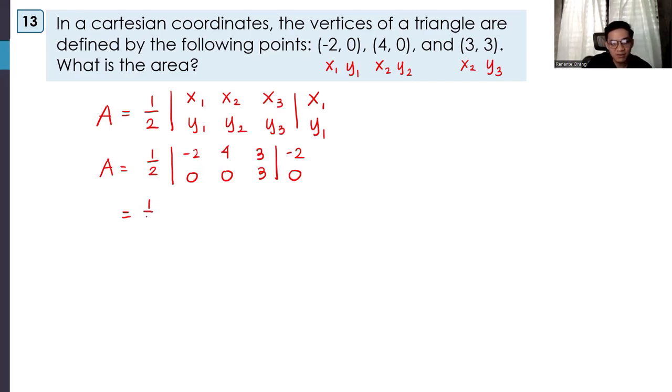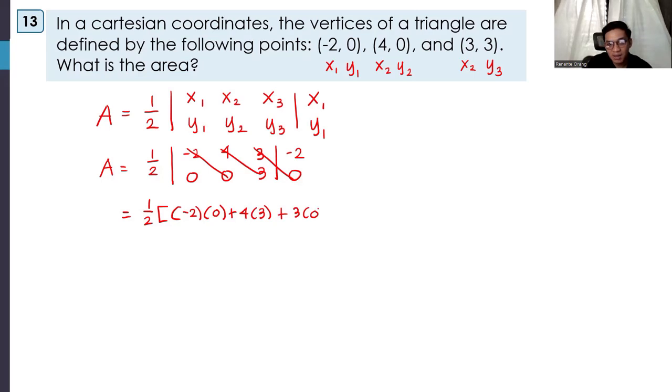Magiging 1/2, open parenthesis, eto muna. So, -2 times 0 plus, eto, 4 times 3 plus, eto, 3 times 0. Pagkatapos, sabi ko kanina, i-deduct natin siya. So, magiging, lagyan natin ng open parenthesis, minus.